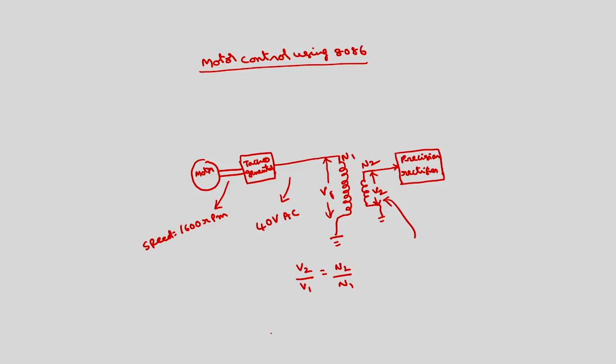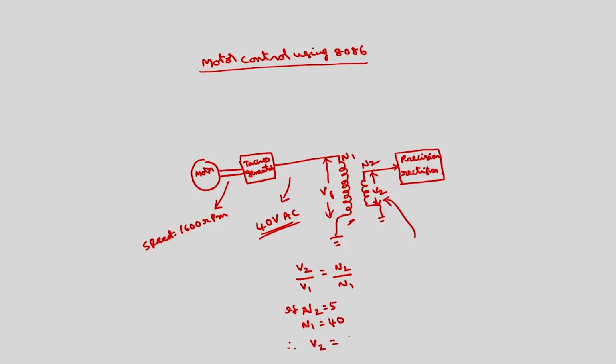If I take V1 as 40 volts, and I take N2, the number of turns here, as 5, and N1, the number of turns here, as 40, then what will be V2?